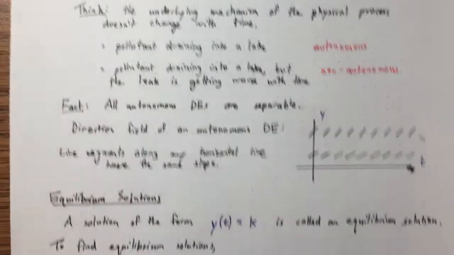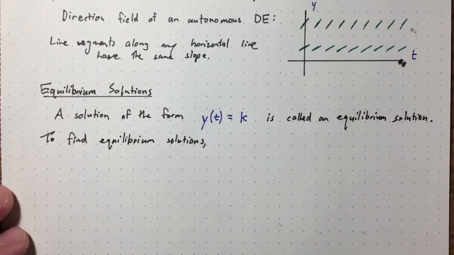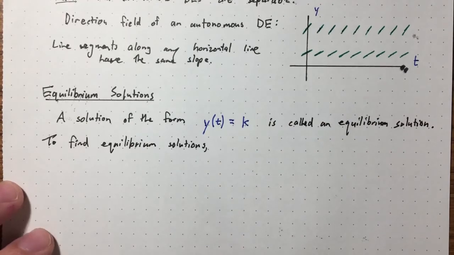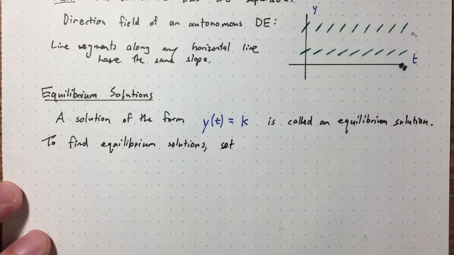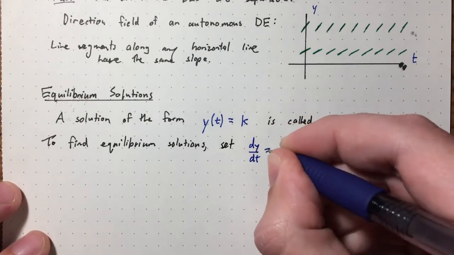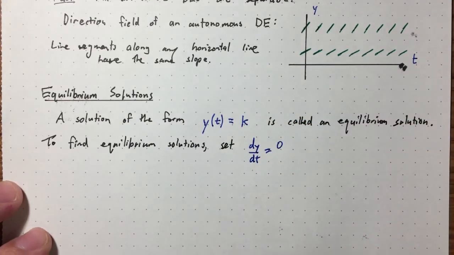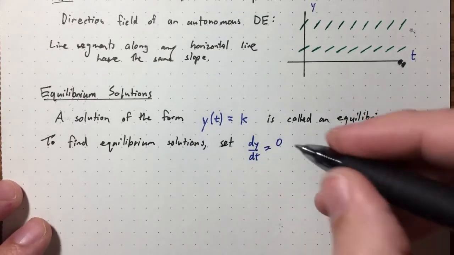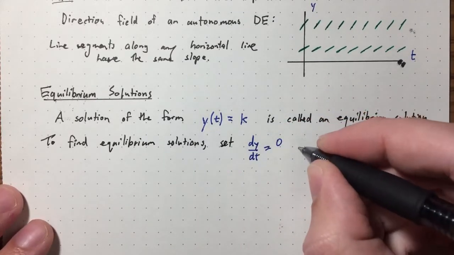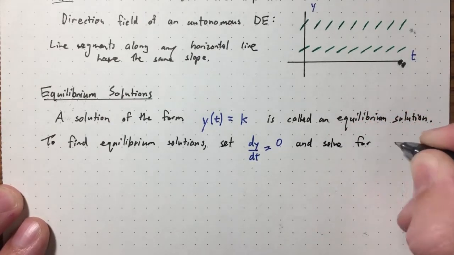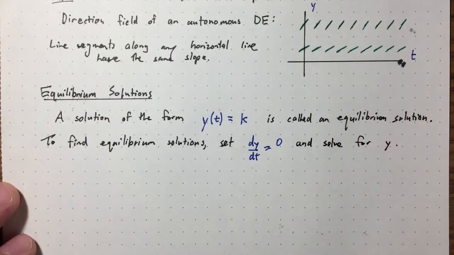That basically tells us how we can find these equilibrium solutions. We set dy/dt to 0 and then we have to find the constant values of y that can satisfy the differential equation. So we set dy/dt equals 0 and then solve for y.